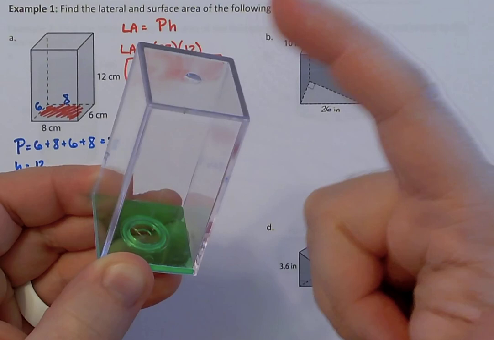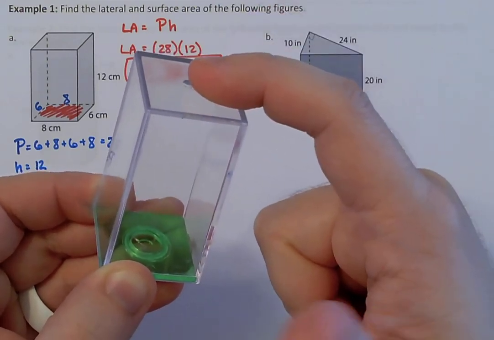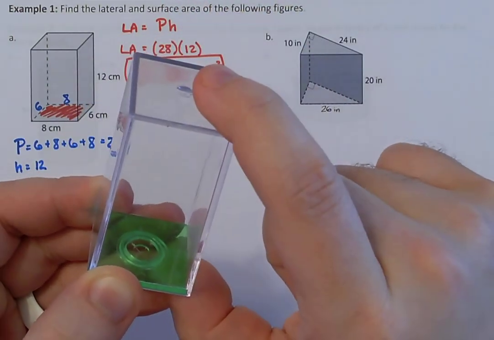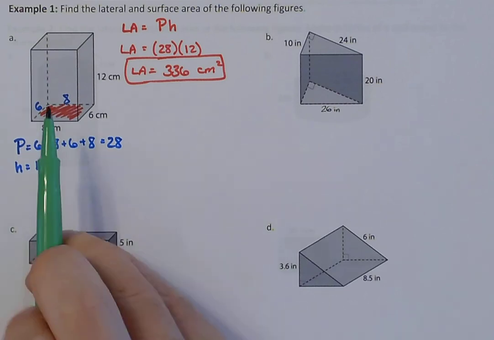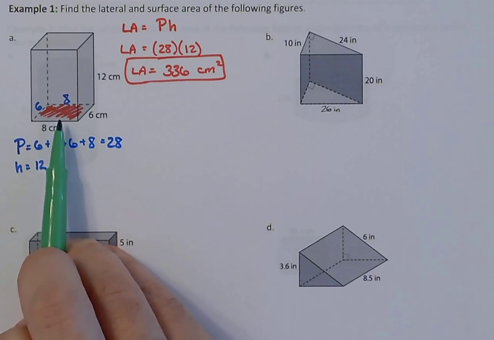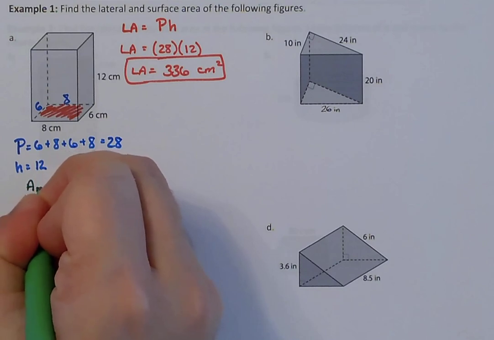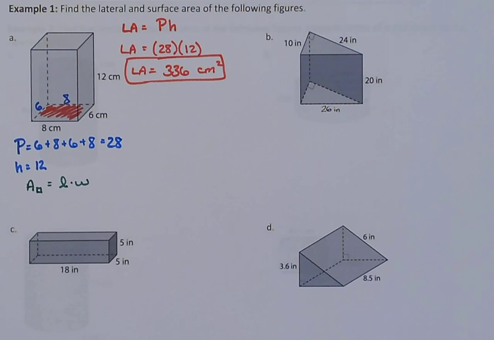Next, we need to figure out the area of the base, so that way we can figure out the surface area. I know these four sides now. We need to figure out the area of the base to solve for our surface area. Now our base is a rectangle. To figure out the area of a rectangle, it is length times width.